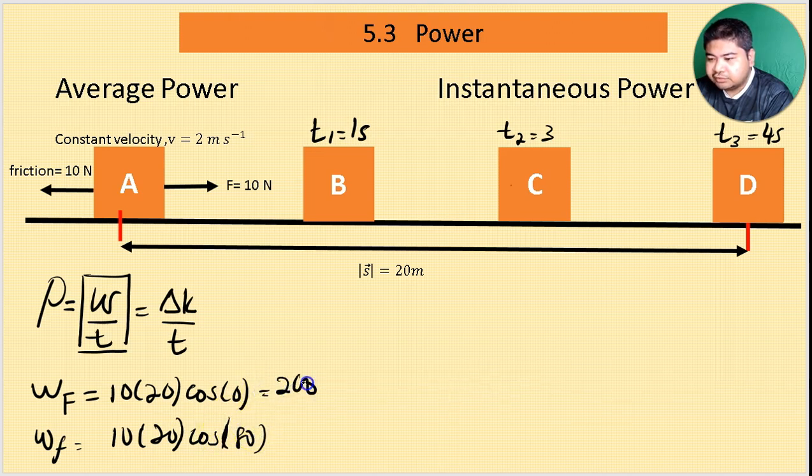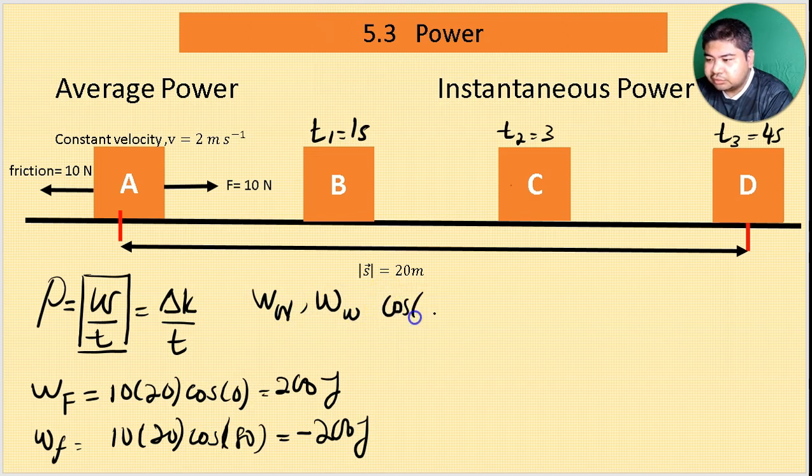This one will give us 200 joules, and this one is going to give us negative 200 joules. I'm not going to calculate the work done by the normal force and by the weight, because they are perpendicular to the displacement, so cos of 90 is just going to give us 0.